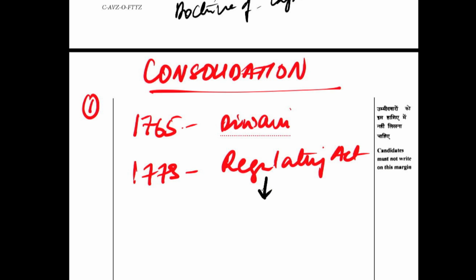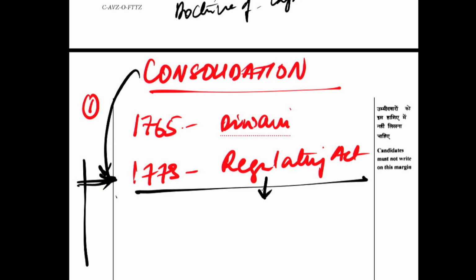But that's not a very important thing for me. I'm just telling you, consolidation perhaps begins around this time. Even though I don't think this is a great point here, the timeline is this.